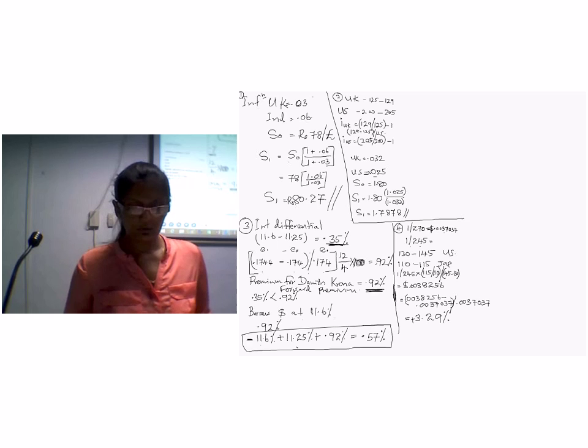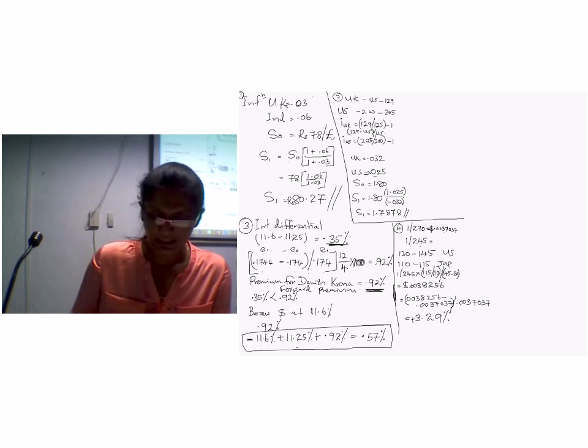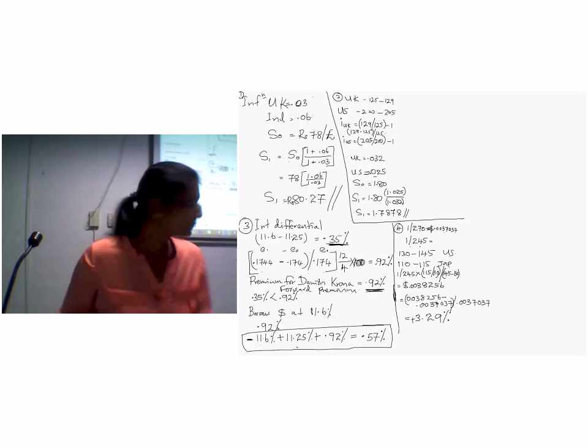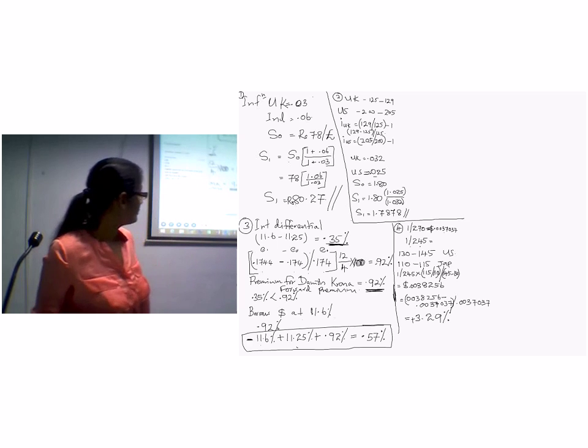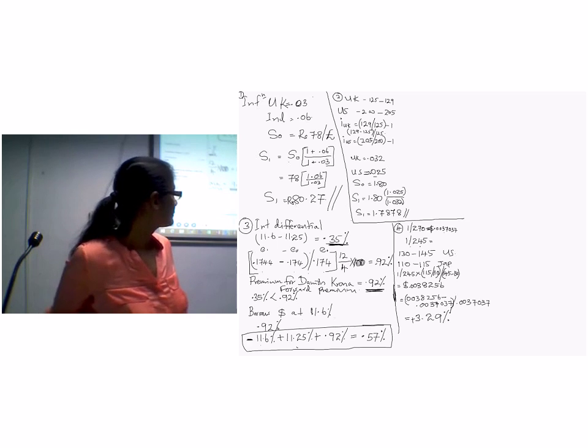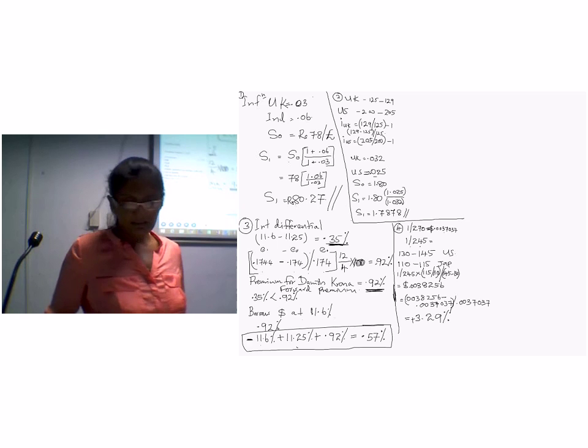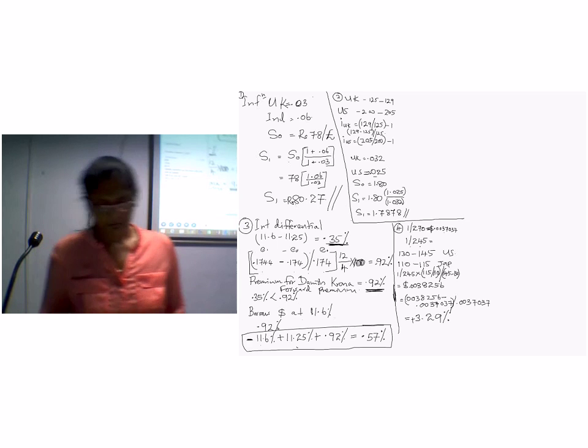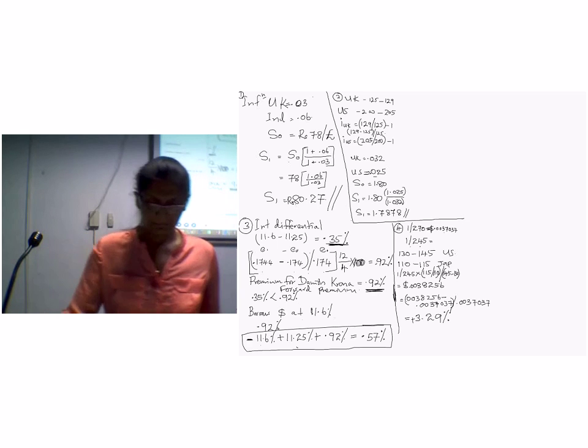There is no information given for the inflation for the first period, therefore we consider only the inflation for the second period. So when we calculate the yen value for the second period, we have to incorporate the inflation as well. So the inflation adjusted yen value has appreciated by 3.29%.